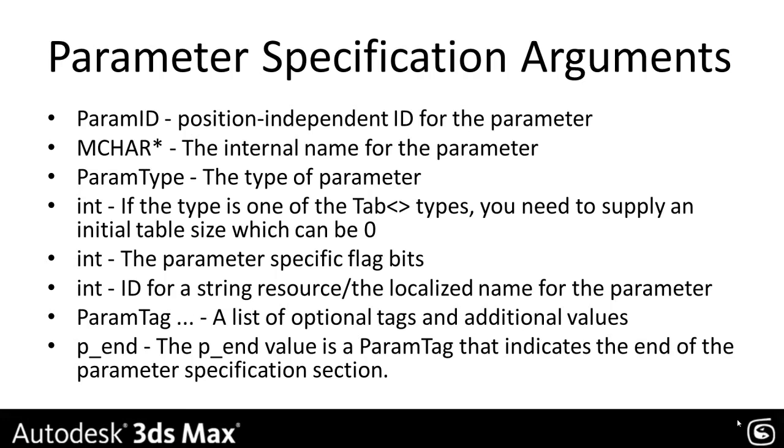And then the parameter tag, which is a list of optional tags and other values. And then finally the p underscore end. Okay, and this value is a param tag that indicates it's the end of the parameter specification. And again, prior to 2013, this was simply END, and with 2013 they changed it to p underscore end.